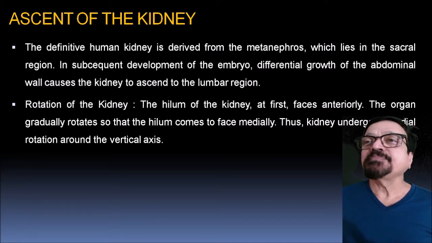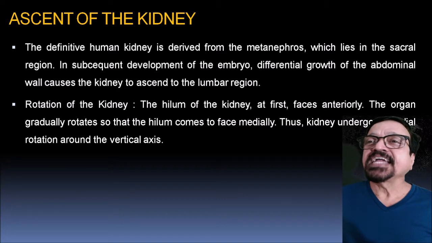In subsequent development of the embryo, differential growth of the abdominal wall causes the kidney to ascend to the lumbar region. The rotation of the kidney.